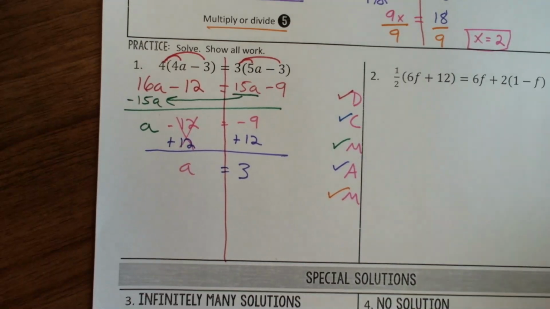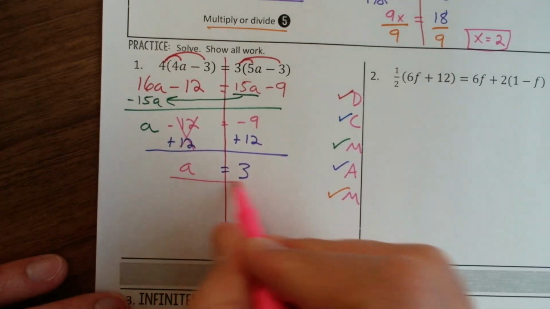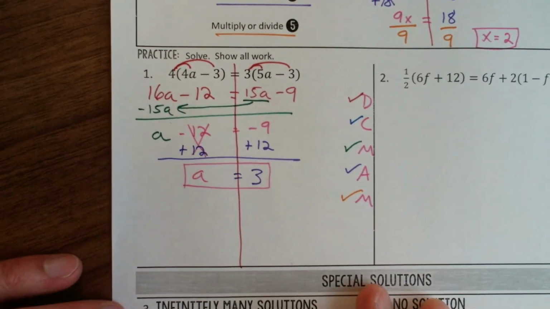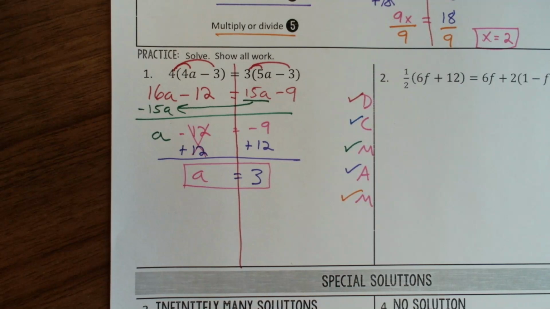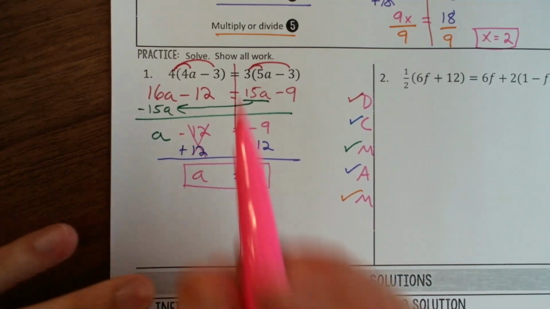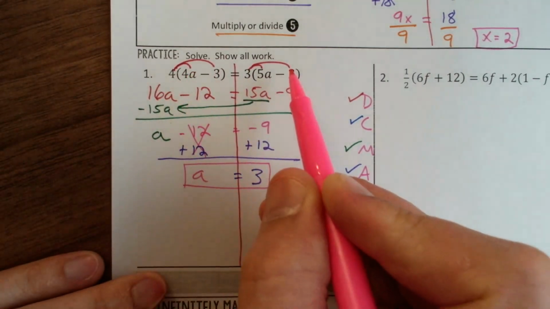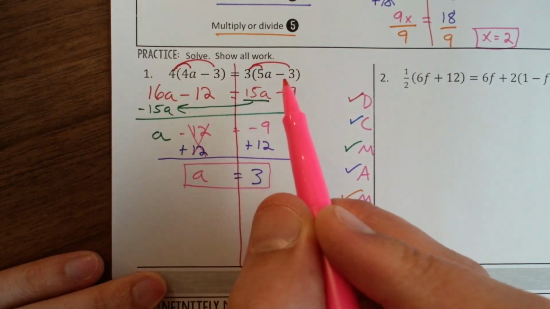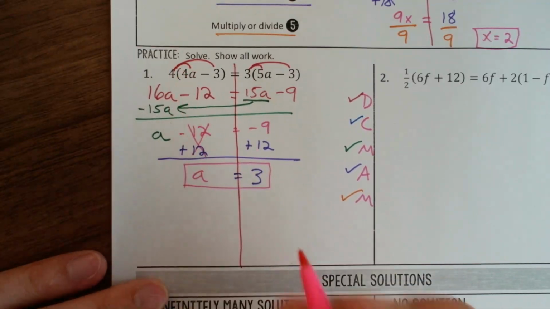So now I can check it all. I'm saying that of all the real numbers, positive, negative, decimals, if I use 3, that's the only thing that's going to solve this and make this side equal this side. If I pick any other number besides 3, this won't work.